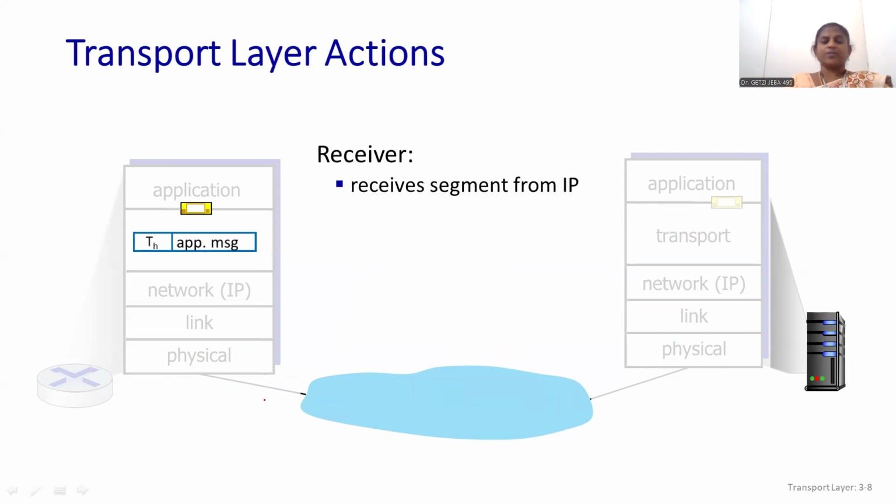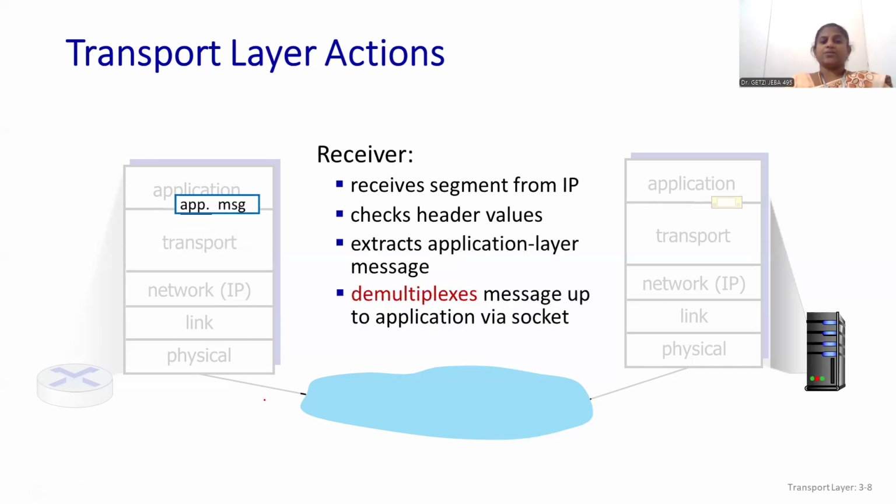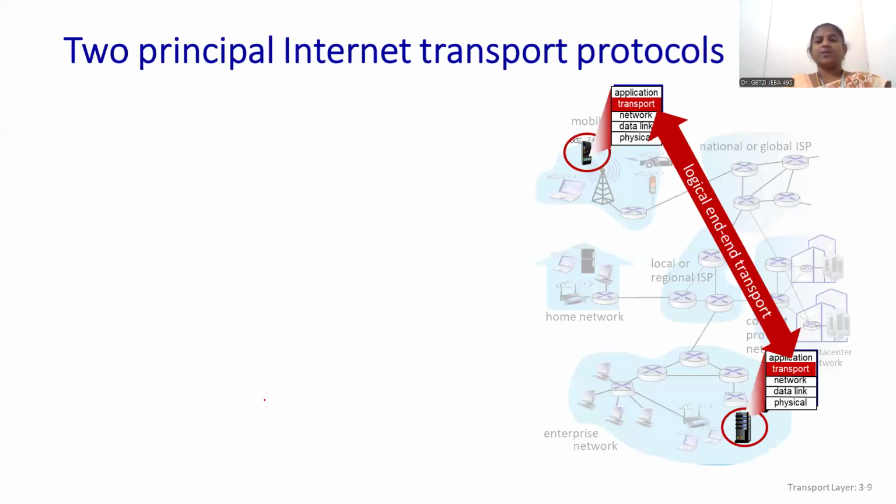Then it will fetch the port number from the header value, and the message is delivered exactly to the intended application. The process that happens on the sender side, we usually call the process of multiplexing, and the process that happens on the receiver side, we call the process of demultiplexing.